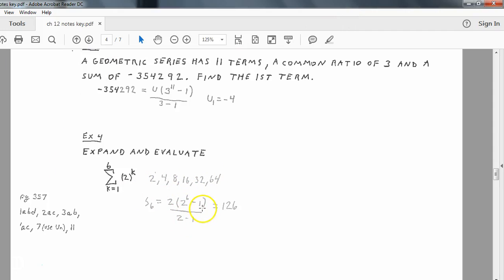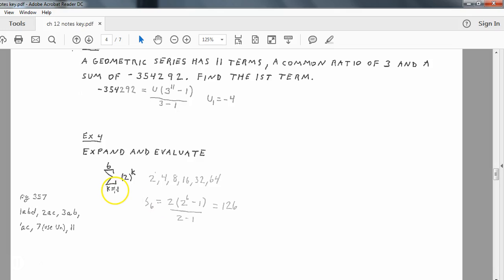You can also use the formula. If you are finding the sum of terms 1 through 6, that means you have 6 terms. I plugged in the first term right here, the common ratio right here, and that can all be done with the formula. To identify some of that information, though, you're going to need to sub in some numbers. I had to plug in a 1 for k in order to get the first term of the sequence, which is this part of the formula.